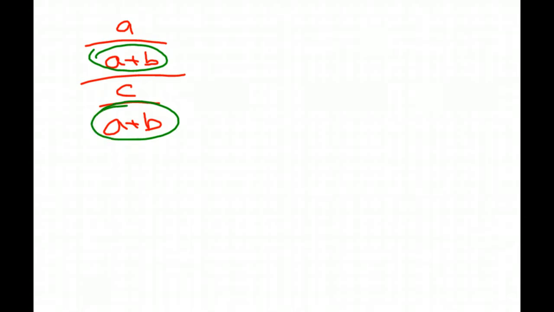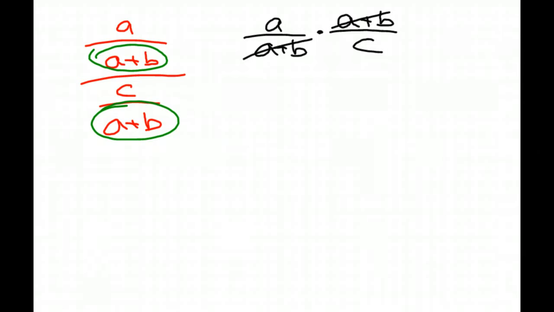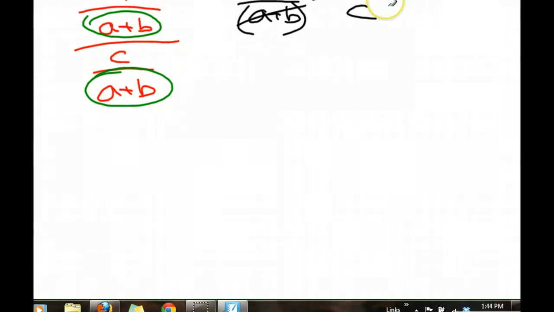If your denominators are the same, you can just cancel them. Actually, what we're going to get is A over A plus B, and when you invert the A plus B, your other denominator goes on top, and you can cancel. Notice I didn't cancel just the A's, I didn't cancel the B's. You have to cancel the entire length of A plus B.